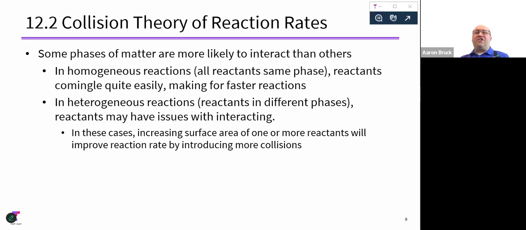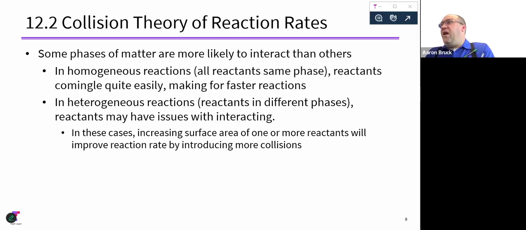When we deal with heterogeneous reactions, though, where we have reactions in different phases, then it becomes a matter of surface. Because if we have a gas intermingling with a liquid, the only place where the gas and the liquid can interrelate with each other is at the surface of the liquid.